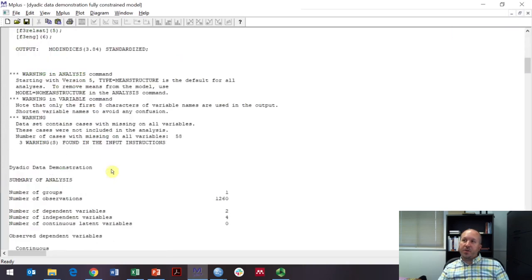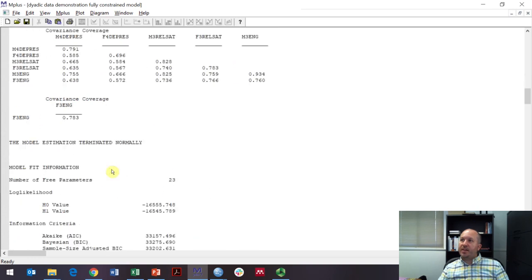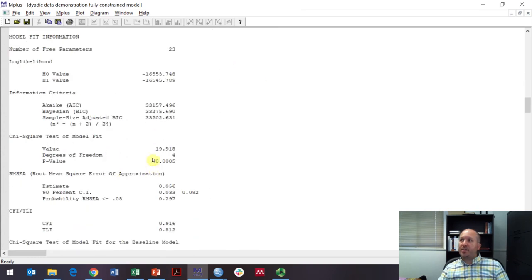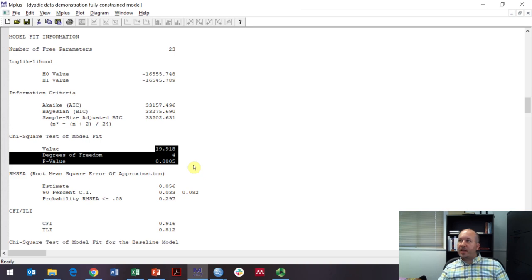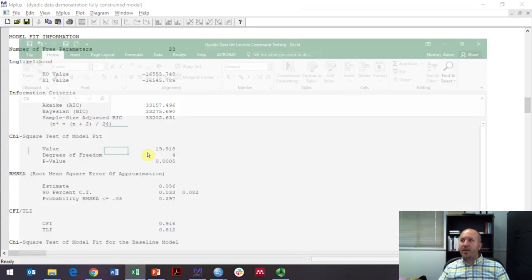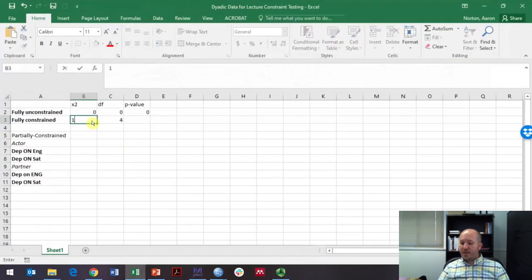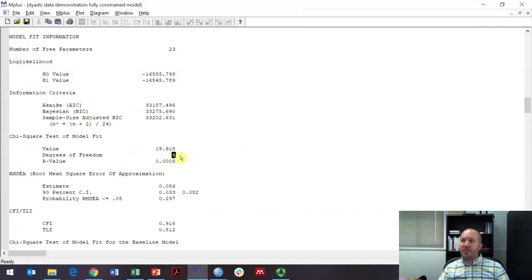All right, ran with no errors. So now we can head down and check out our chi-squared, and we can see that it is significant. So it's 19.918. And of course, you can see we have 4 degrees of freedom because we constrained 4 pairs of paths together, which has freed up 4 degrees of freedom.